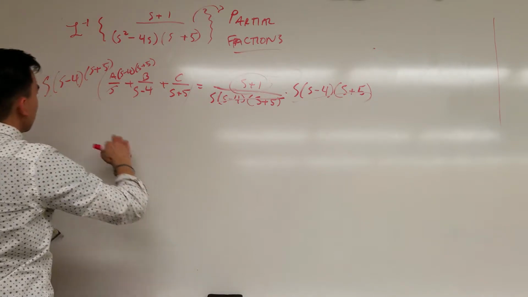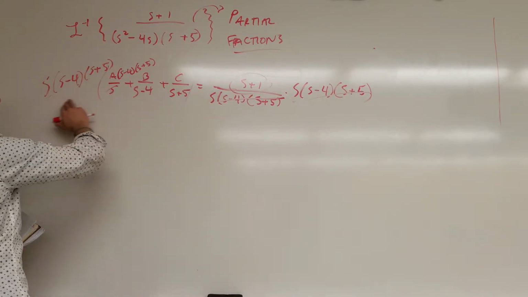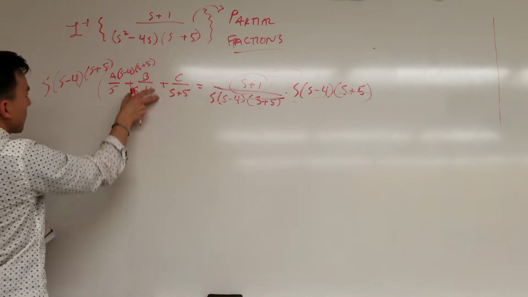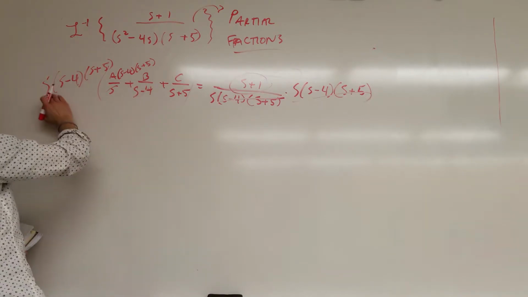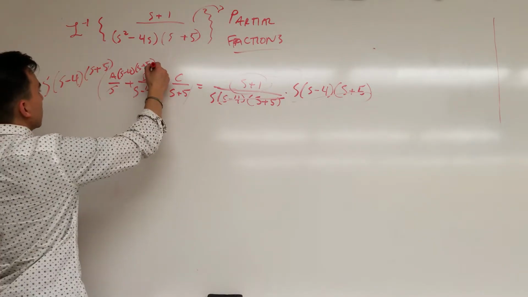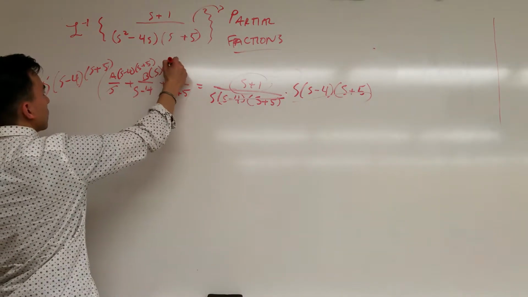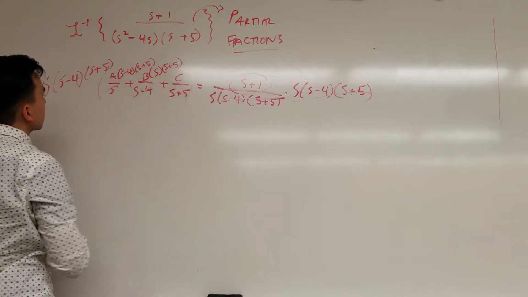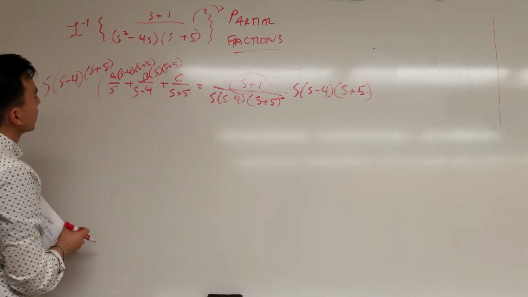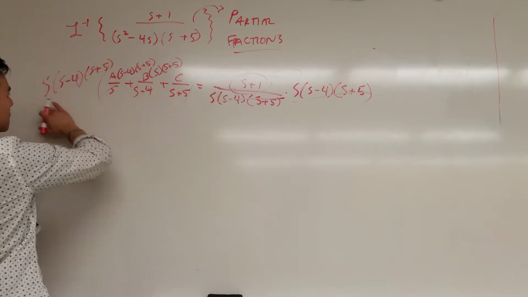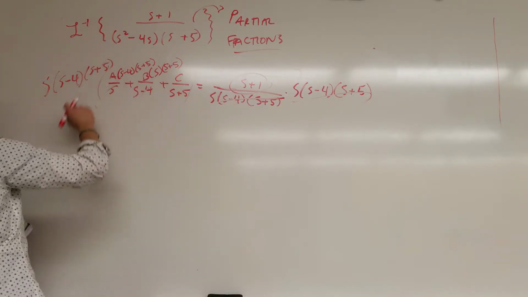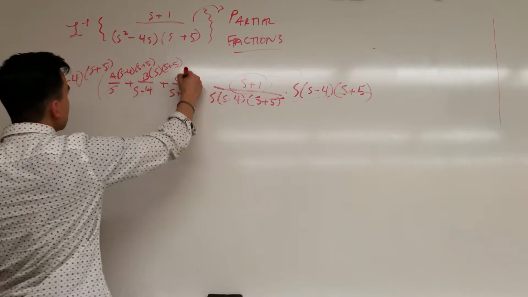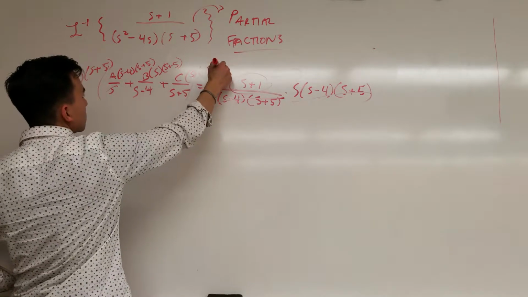Great. And if I were to multiply this to this term, this will cancel out, and these two will cancel out, and I'm left with the s times s plus 5 times that B, okay? And if I were to multiply this whole thing times this term, these s plus 5s will cancel out, and I'm left with C times s minus 4.